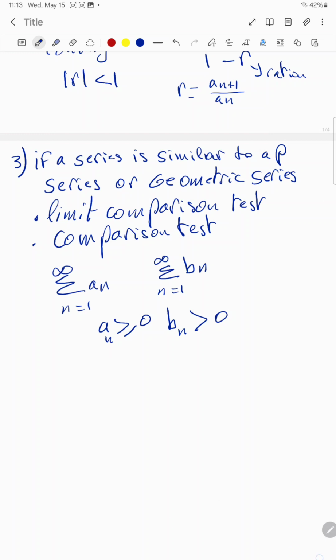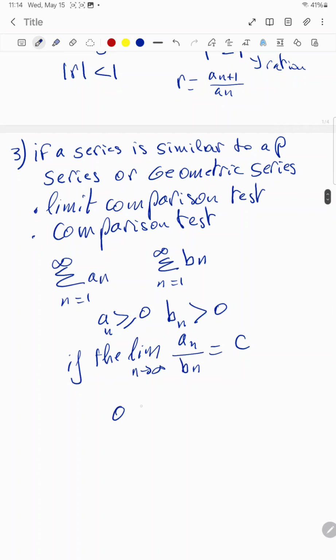Only an can be 0 and bn should be a positive number. If the limit of an divided by bn when n goes to infinity is equal to a constant, between 0 and less than infinity, then if bn diverges, an diverges, and if bn converges, an converges. We will do an example afterward and you will see what I mean.